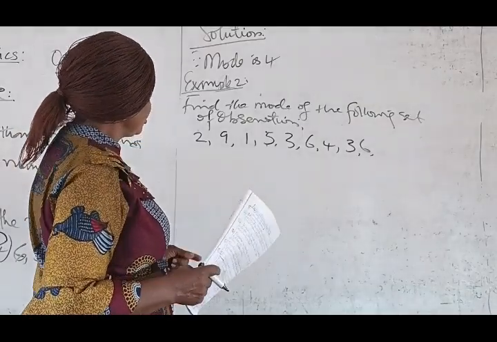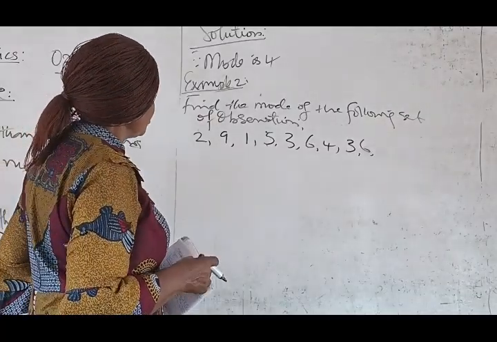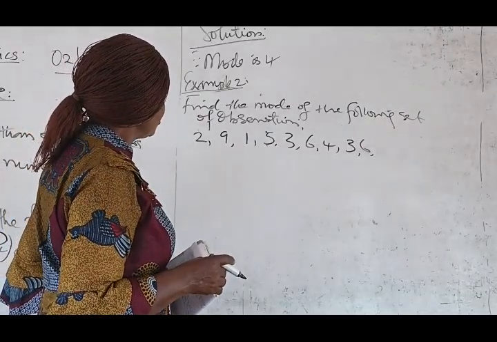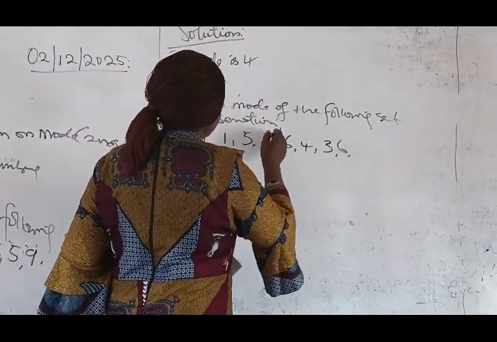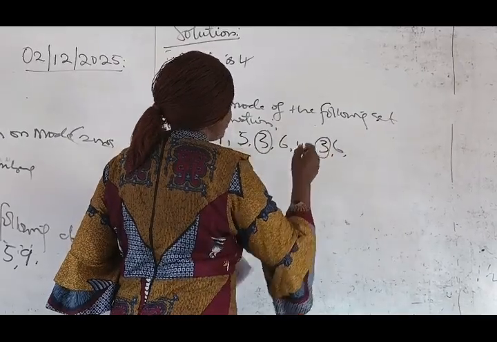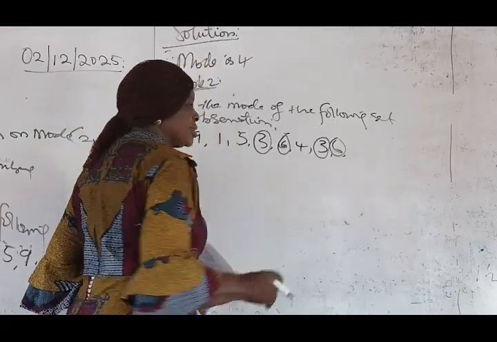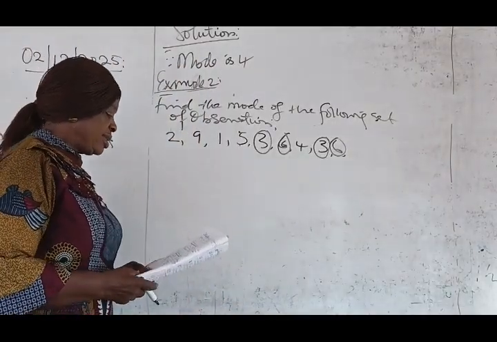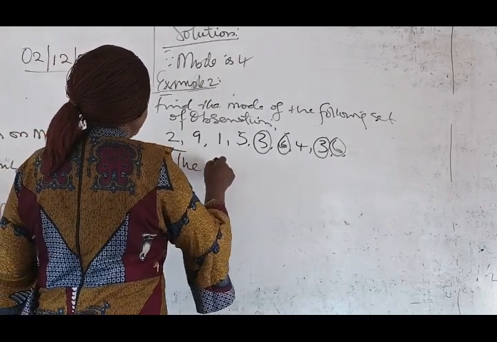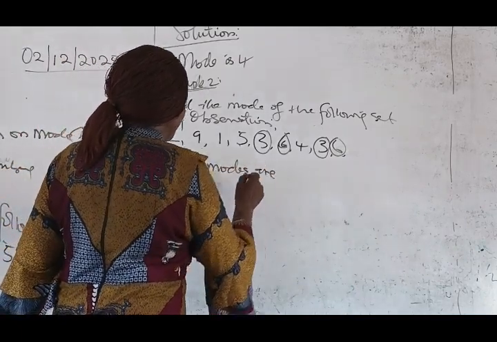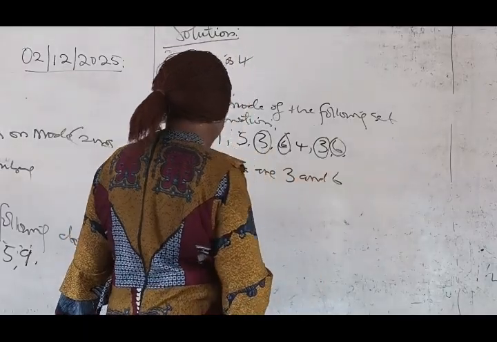So if you look at this set of figures now, you can see that 3 appears 2 times here. 6 also appears 2 times. So in this case, the modes are 3 and 6.